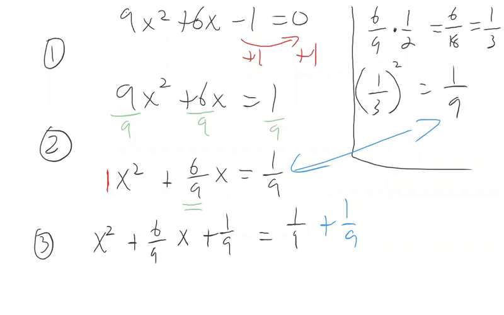All right. So if I simplify my problem down here, I get x squared plus, I'm going to reduce this thing now. So 6 over 9 becomes 2/3 x. So I divided the 6 by 3 and the 9 by 3, plus 1/9 equals 1/9 plus 1/9 equals 2/9.